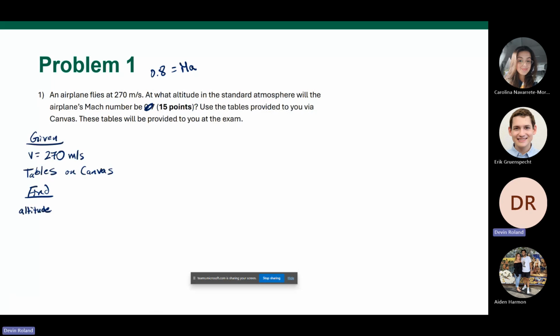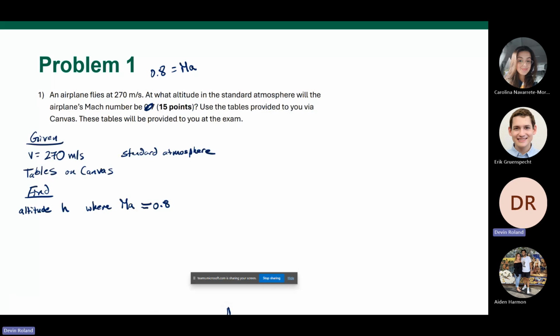I'll call the altitude h, just to give it a variable. The altitude h in a standard atmosphere. It's good to note that this is a standard atmosphere. And we want to know the altitude h where the Mach number is going to be 0.8.